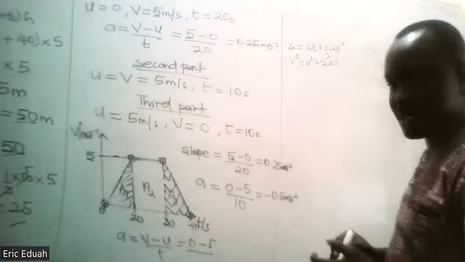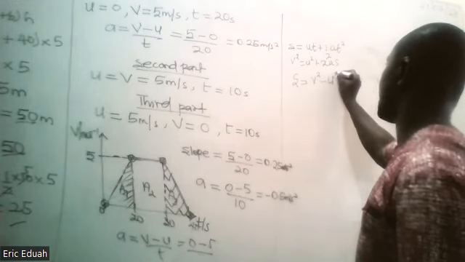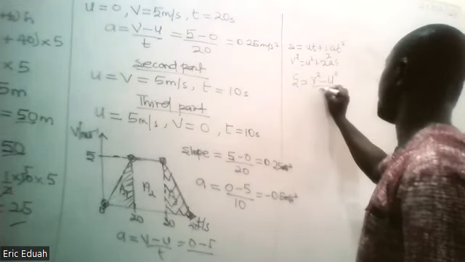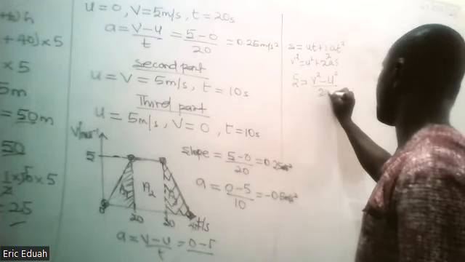Once we have acceleration, we can find the distance. So let's make s the subject from here. We have v squared minus u squared on 2a. U is 0, v is 5. So 5 squared on 2 times 0.25.